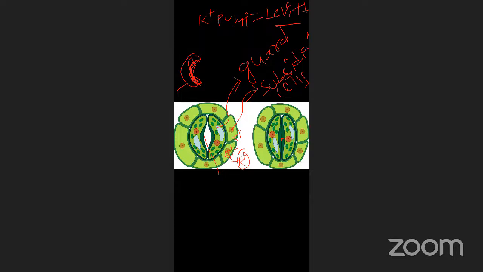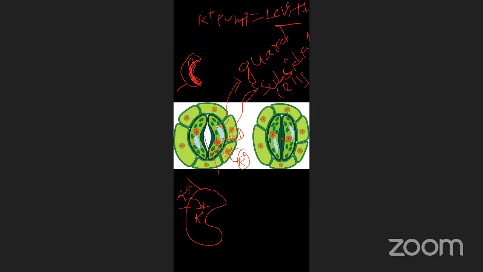So K plus ions accumulate into the guard cells. From the subsidiary cells, they enter the guard cell, right?